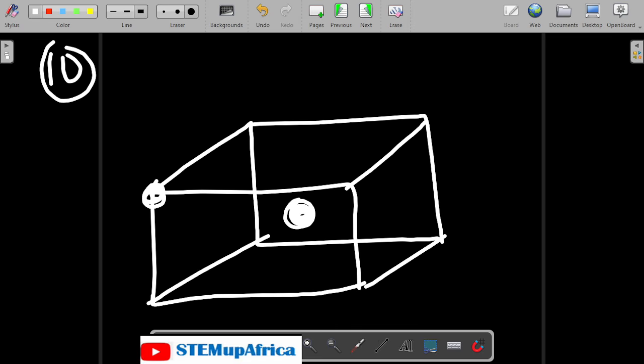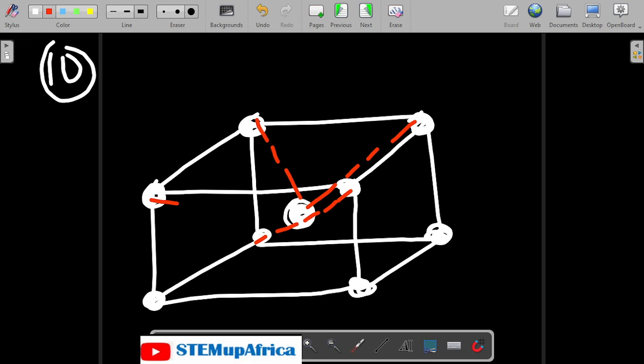Here is a crystal, here is a crystal, and so on. Then you connect the crystals to the center cubic. So this is how to draw a BCC crystal, simple as such.